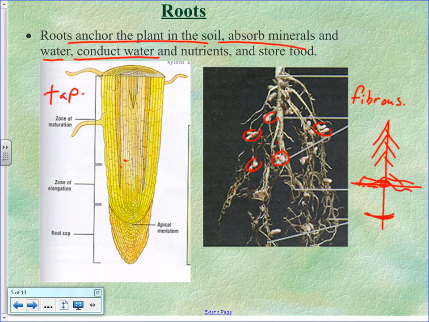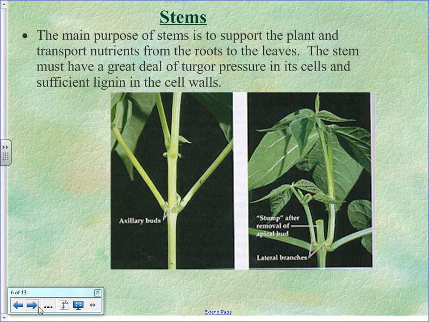All right, so there's the jobs of the roots: anchorage, support, and acquisition of water and minerals. Okay, stems. Stems also have a supportive job. They have to support the leafy structures above them that are carrying out photosynthesis, because the stems themselves are not big photosynthetic organs. Sure, they can carry out some photosynthesis, but not a lot.